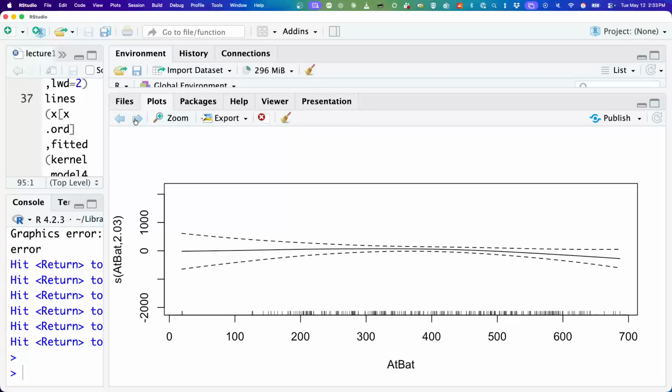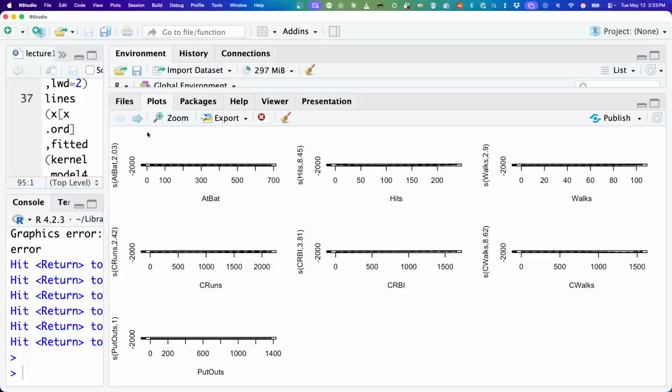Okay, so what we have on this plot is a spline smooth between a particular continuous variable, one of the x's, and our y, which is the salary.